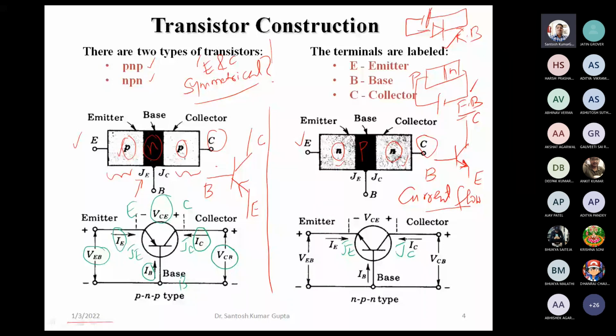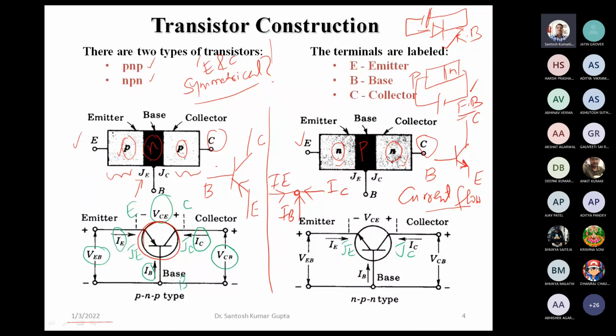So in this transistor also we can see that the transistor is just like a node. If we assume this transistor as a node, then a current IE is entering into this, IB is entering from one side, and IC is entering from the other side.